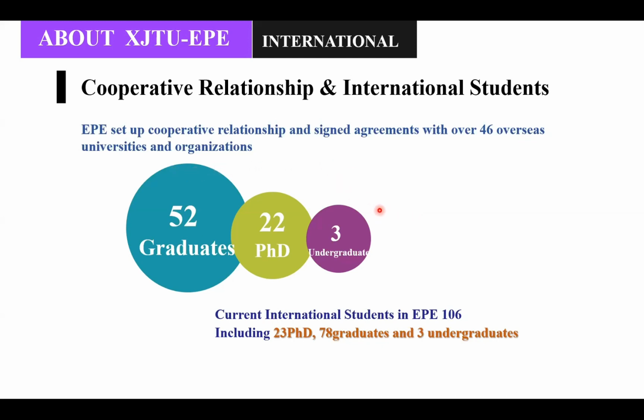Until now, we recruit about 50 to 70 graduate students, about 20 to 30 of them PhD students. The undergraduate students are not that many, but we very much welcome students from all over the world to come to our school to study as undergraduates.